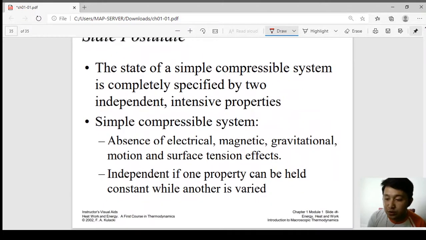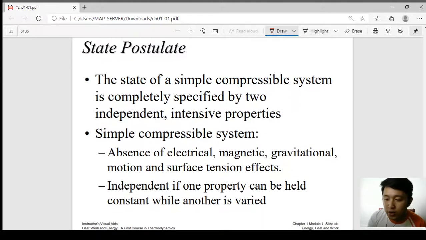When we say state postulate, it is a rule, one rule. The state of a simple compressible system is completely specified by two independent intensive properties. So what is this simple compressible system?